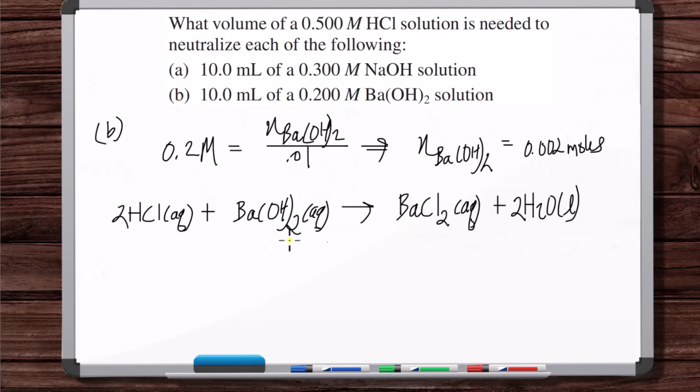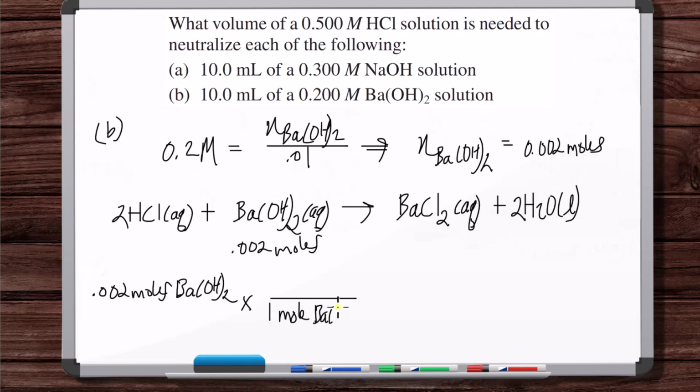So that's balanced. Okay, but here you've got 0.002 moles of barium hydroxide. So if this many moles of barium hydroxide were consumed, what does that translate to with hydrochloric acid? For every 1 mole of barium hydroxide consumed, 2 moles of hydrochloric acid were consumed.